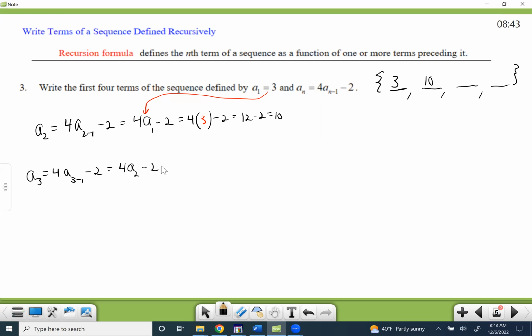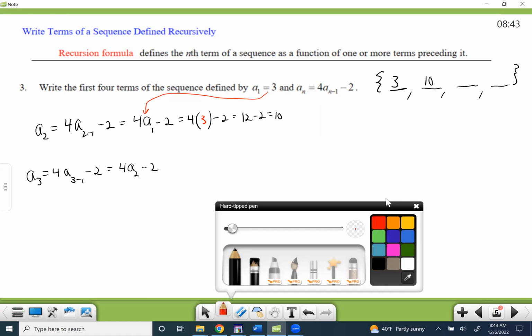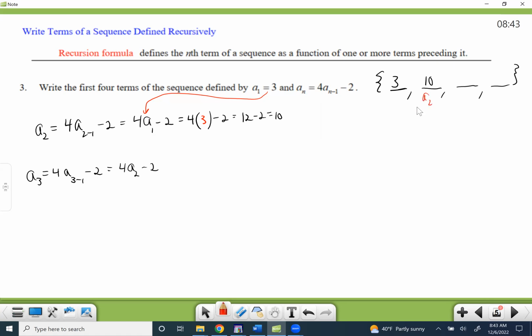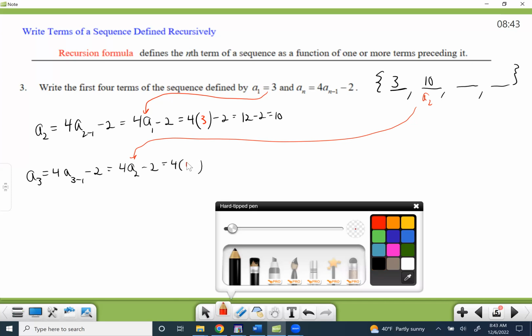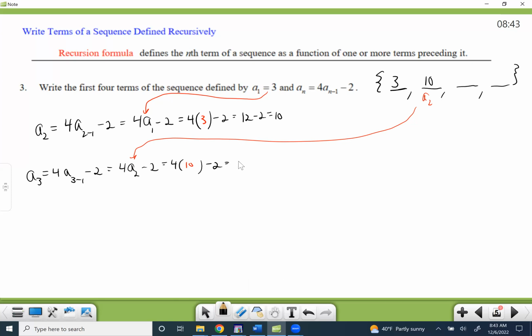So you'll notice in order to find the third term, we need the second term. We have a sub 2 right here. We're going to drop them in. So we got 4 times 10, which is a sub 2, and then take away 2. So 40 take away 2 equals 38. And that's going to be our a sub 3.